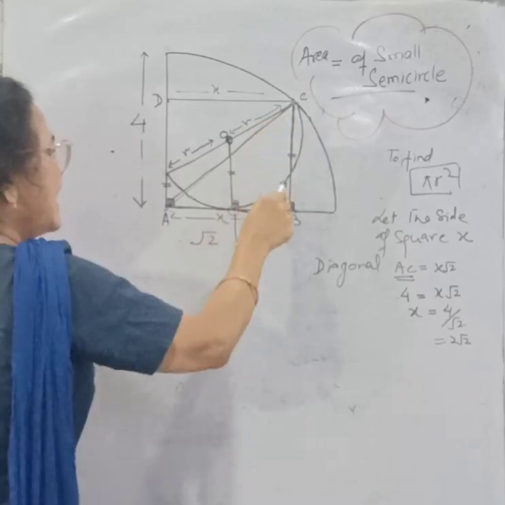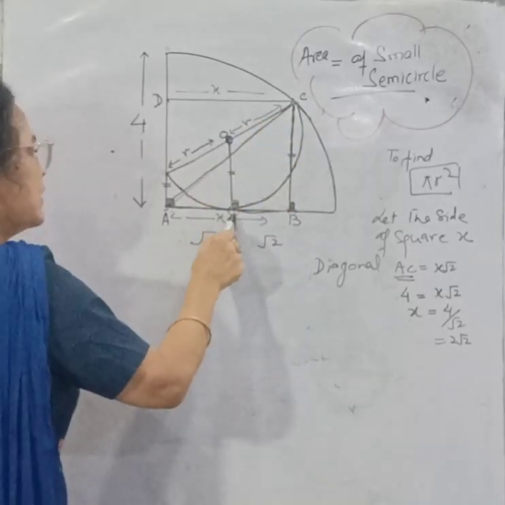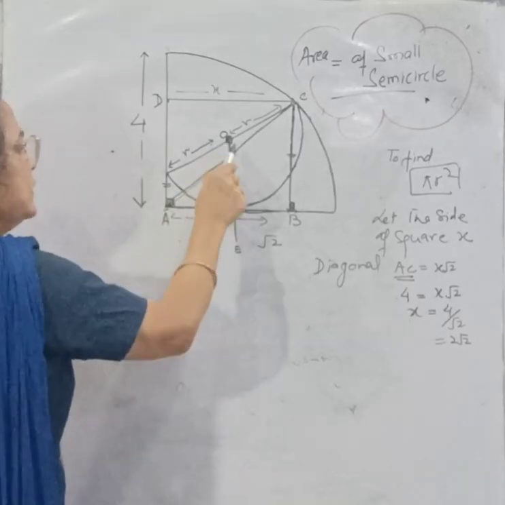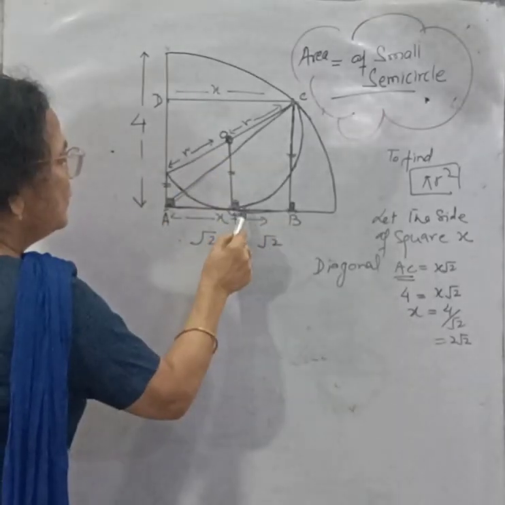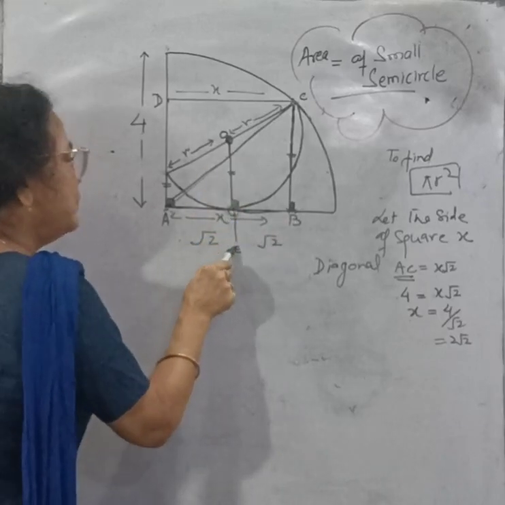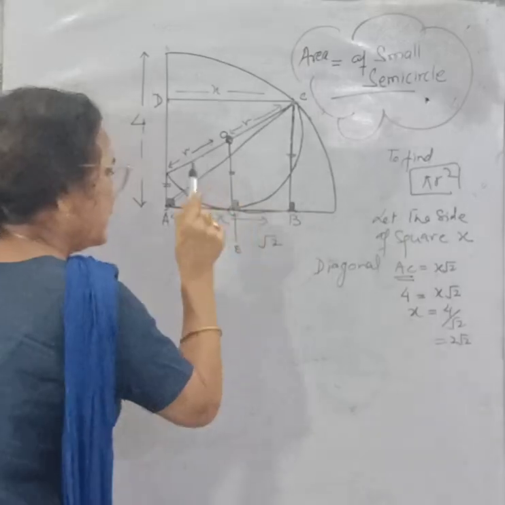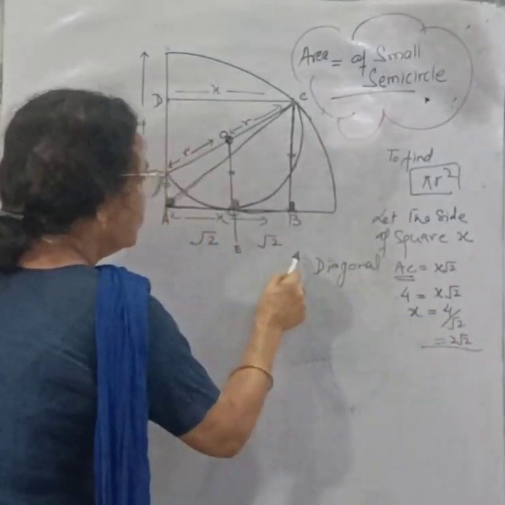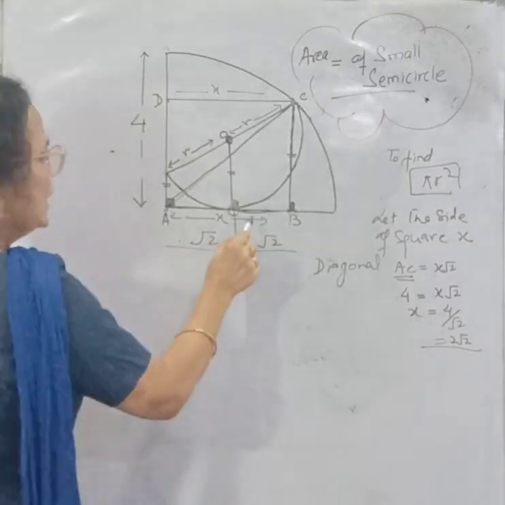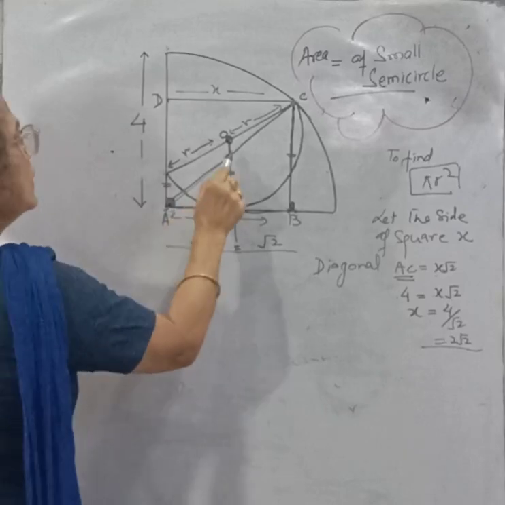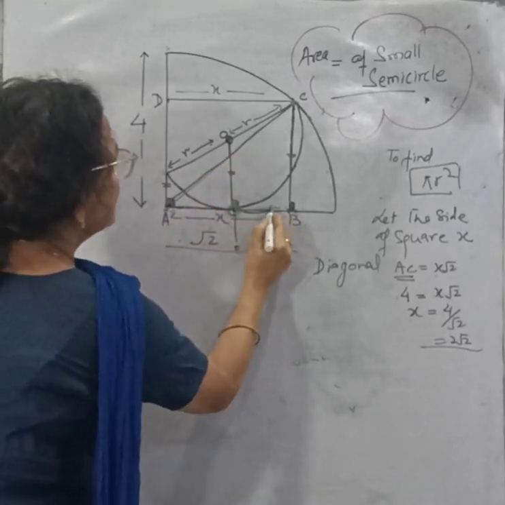It means this line will be parallel to this perpendicular and parallel to this side also, because this is the midpoint, so this point E will also be the midpoint of AB. Total length was 2 root 2, so this will be root 2 and this will be root 2. It means this side is root 2.